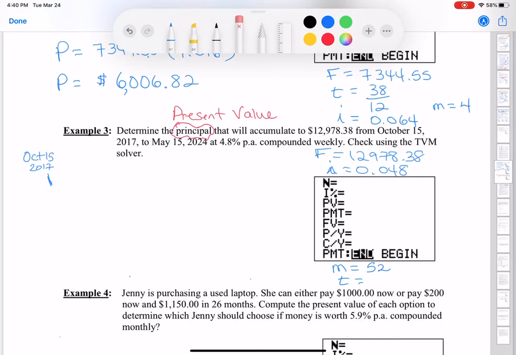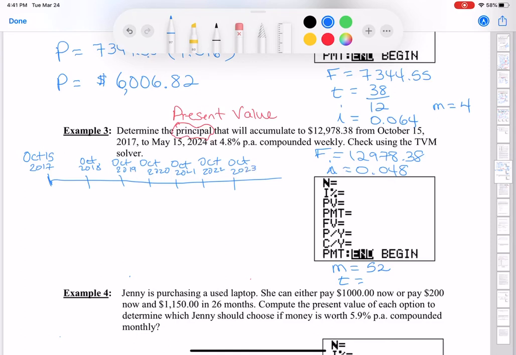All right, so we're going to count by years here. So this is October 2018 and October 2019, October 2020, October 2021, October 2022, and October 15th, 2023.